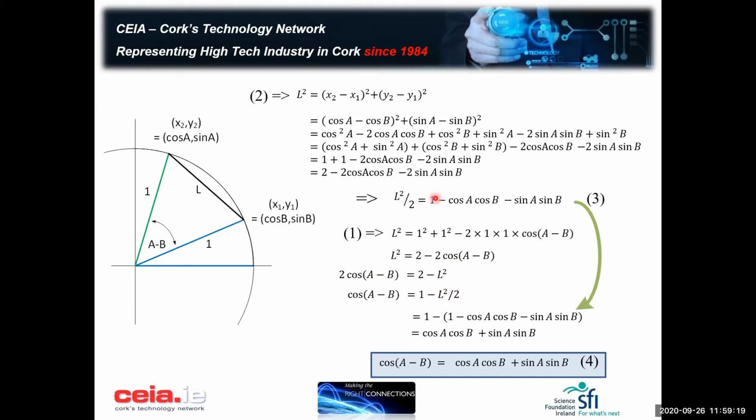And of course we had L squared over 2 in terms of the cosines and sines up there. So we substitute that in here. And we find that the 1's cancel out and these signs become positive signs. And eventually we find that cosine A minus B is cos A cos B plus sine A sine B, which is the desired result.